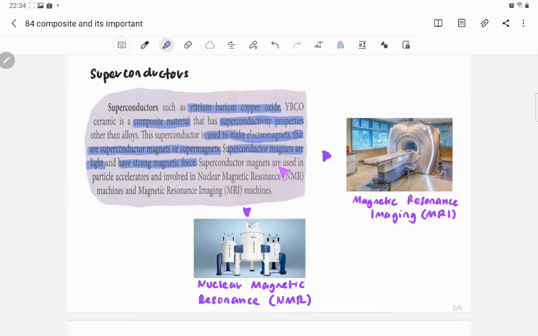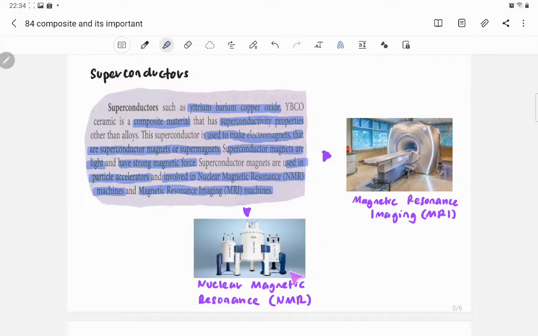Superconductor magnets are used in particle accelerators and involved in nuclear magnetic resonance, NMR, machines and magnetic resonance imaging, MRI, machines. So as you can see, kalau untuk magnetic resonance imaging, MRI, bentuk dia macam ni lah.